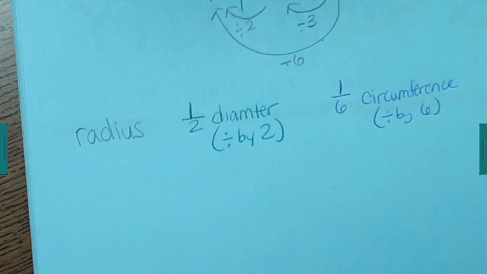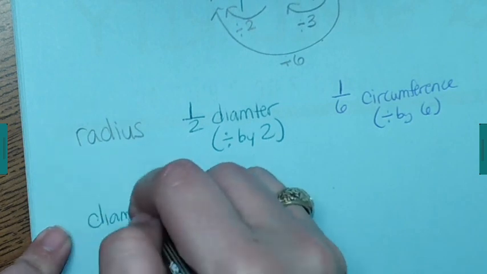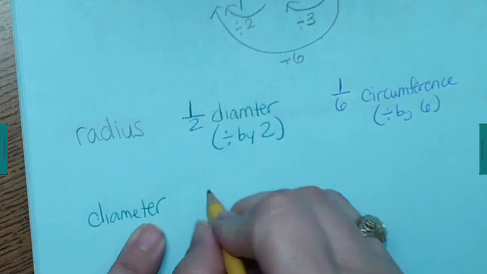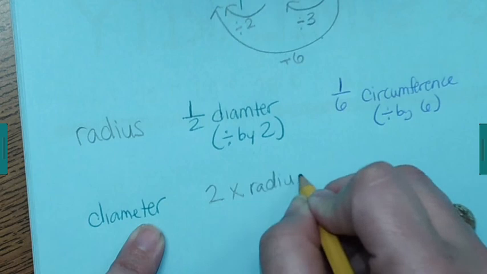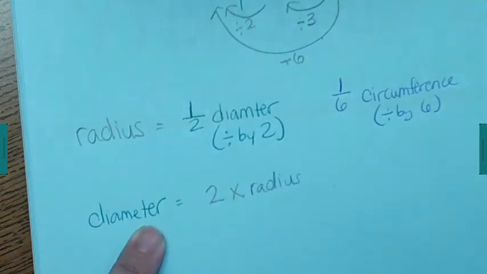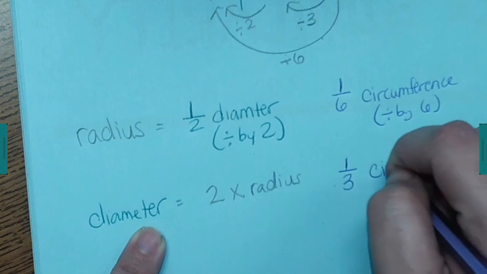Okay. Diameter is 2 times radius and 1/3 circumference.